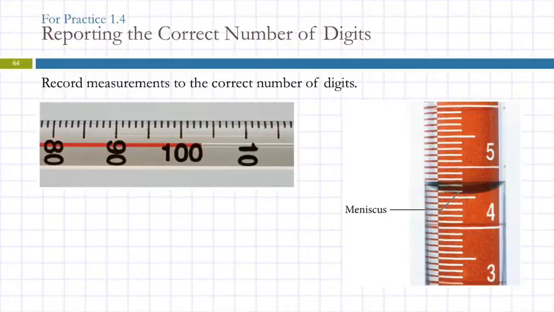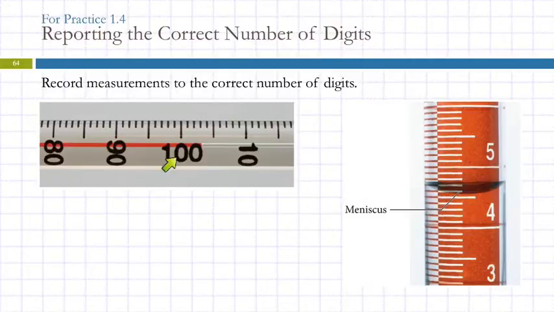Well, you have to kind of orient yourself on this thermometer, and this line must be the 100 degrees, and this would be 110 degrees. So what does each individual line represent? 1 degree. That tells me I need to estimate the 10th place.